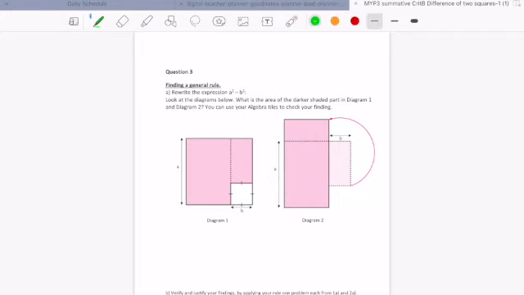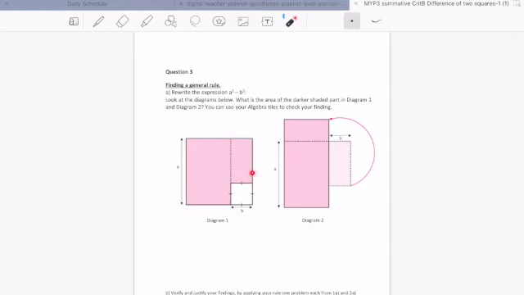Now let's have a look at finding the general rule. And that was kind of tricky for many of you. So I was helping you out here a little bit, and I said that we're first of all looking at the area of this pink shape here.